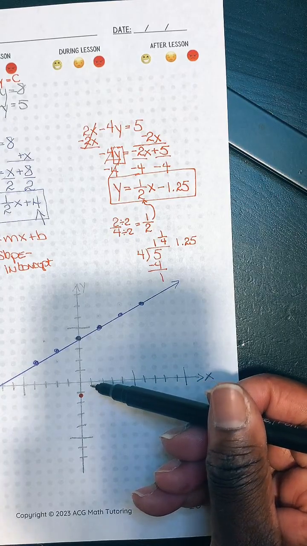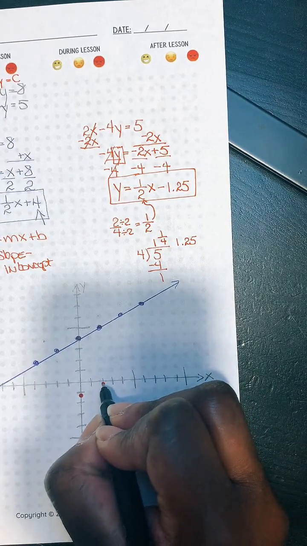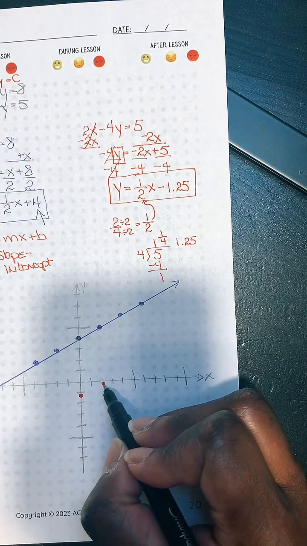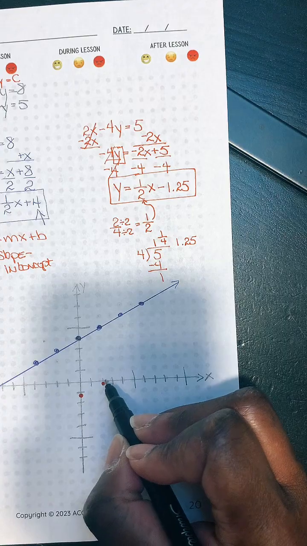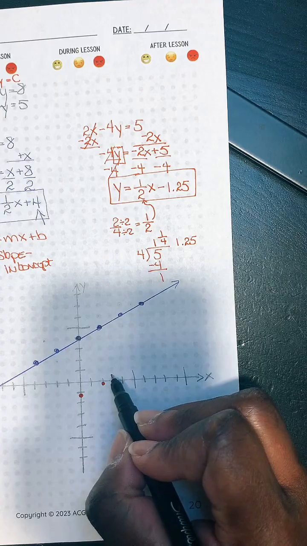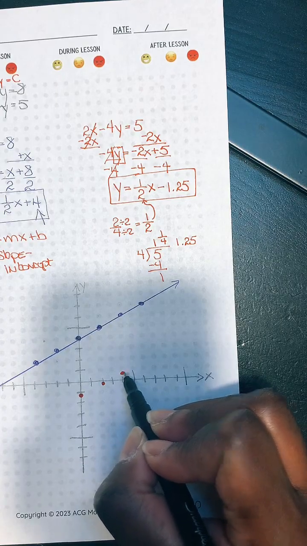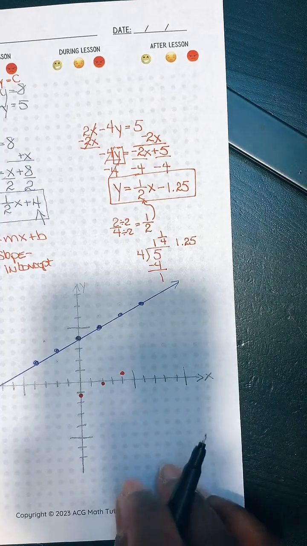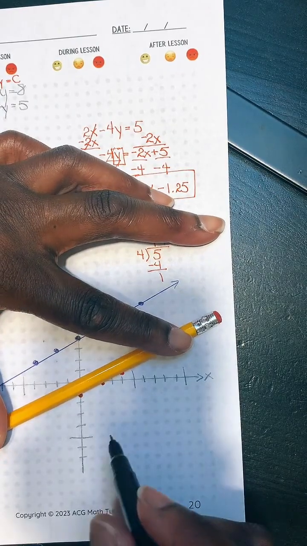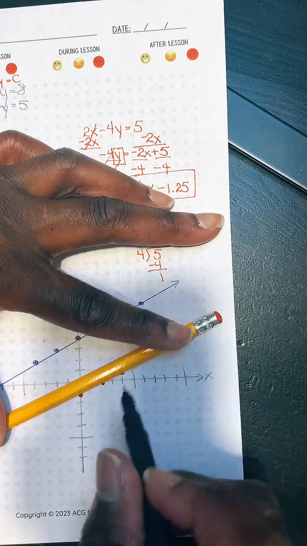And now I go over 1, 2. And I put my second point here. And remember, all you really need is 2 points. If you get 2 points, you can go ahead and draw your line.